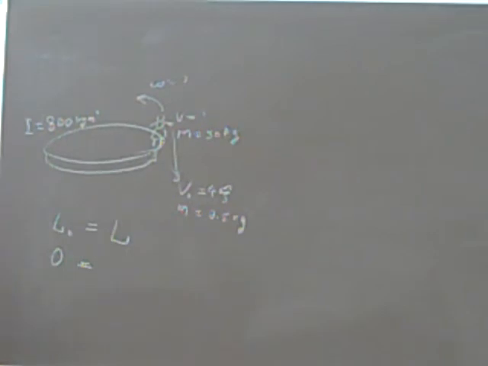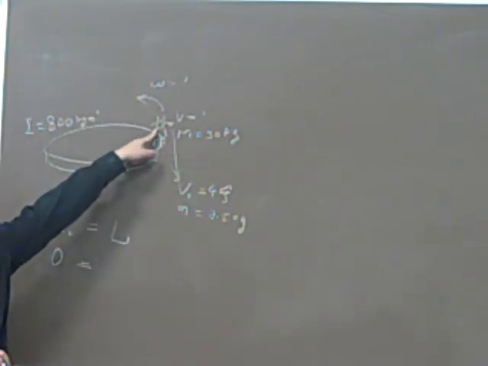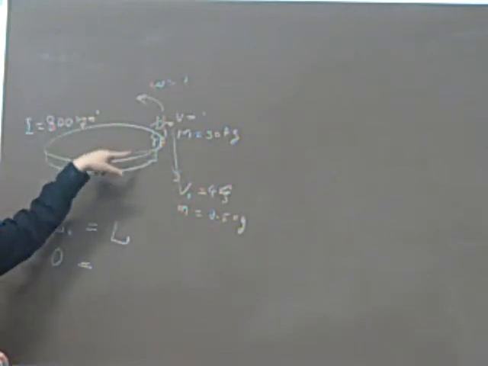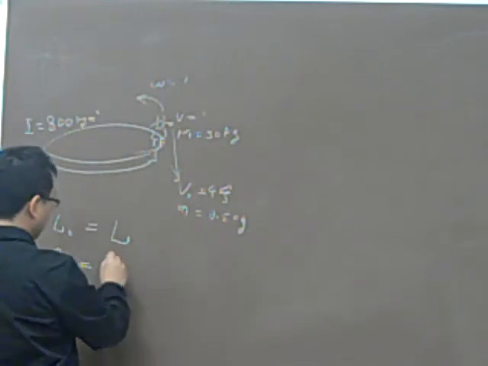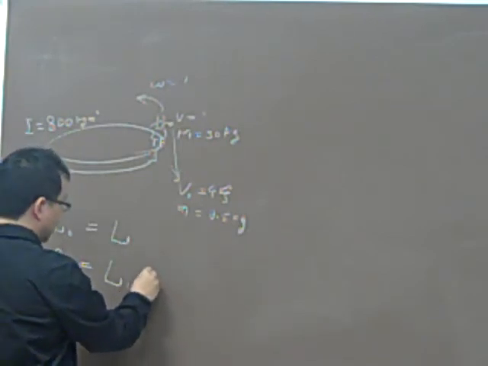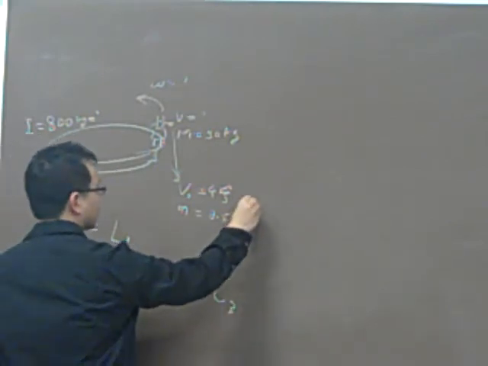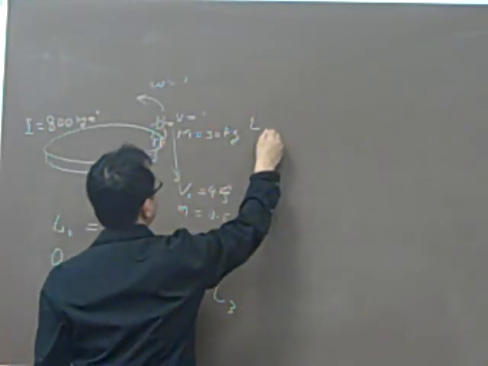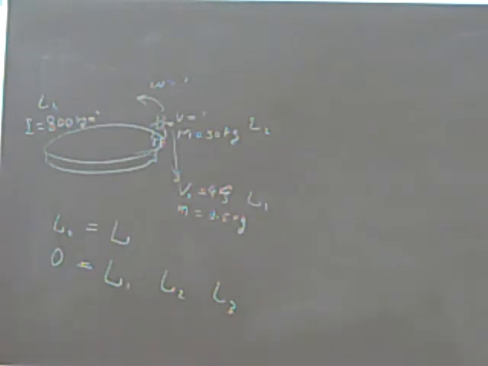And final angular momentum should have 3 terms, right? The angular momentum from the rock, the angular momentum of the girl, and the angular momentum of the merry-go-round. Let's call them L1, L2, and L3. L1 is for the rock, L2 is for the girl, and L3 is for the merry-go-round.